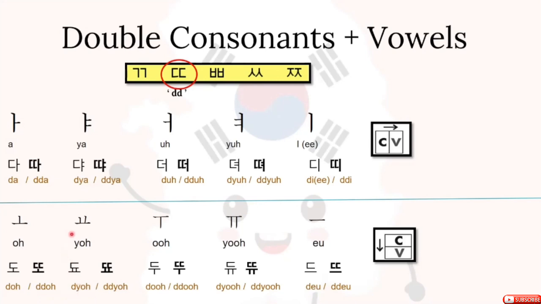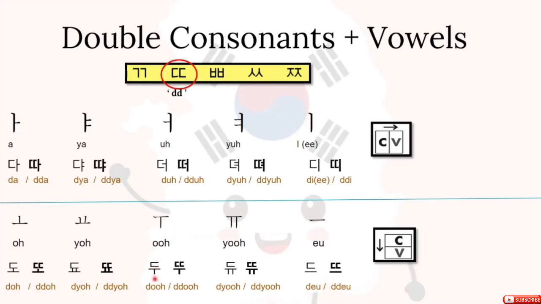Okay? The next one. D and yo becomes dyo. For double consonant, D and yo becomes dyo.